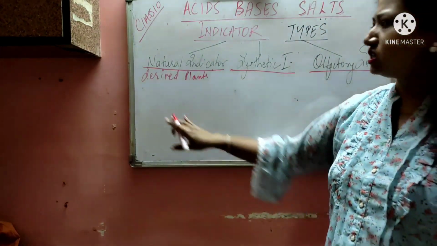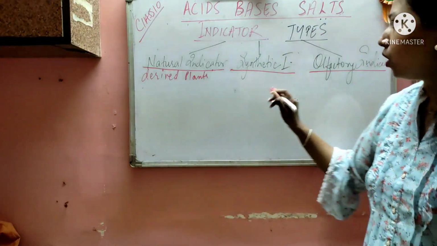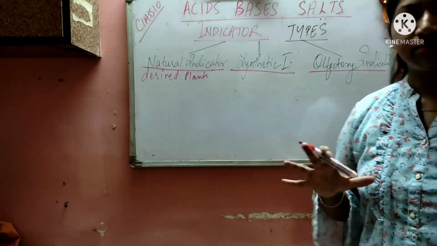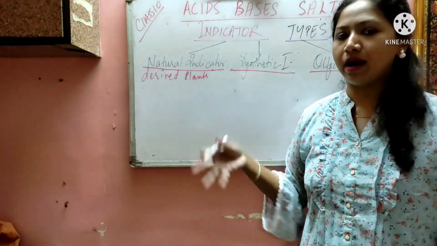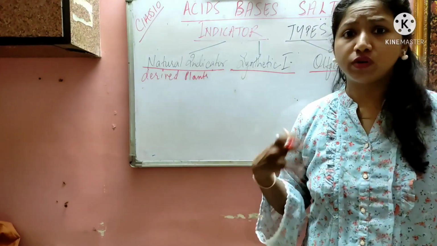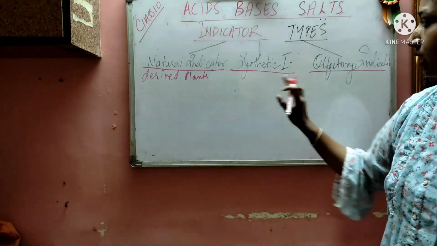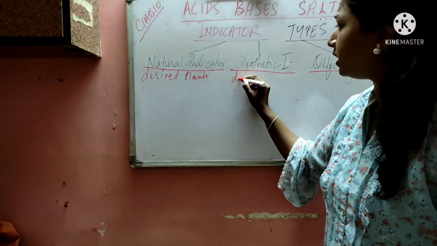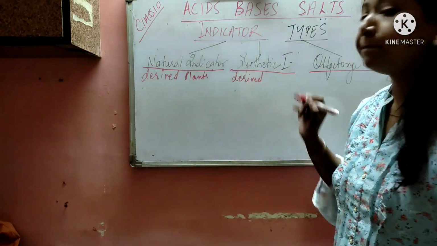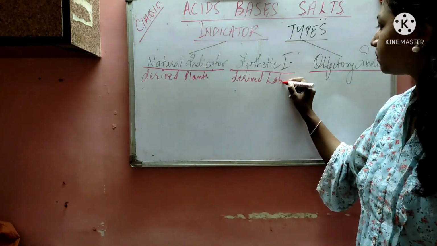Sorry, not animals, it's plants. The indicator which you get from plants, or from nature, is called a natural indicator. A synthetic indicator is one which you derive or prepare in laboratories.